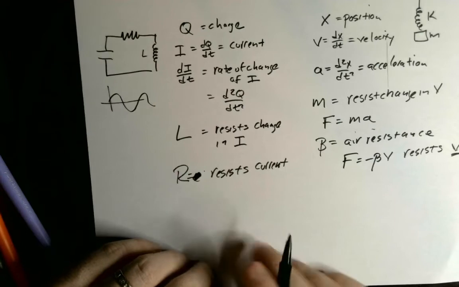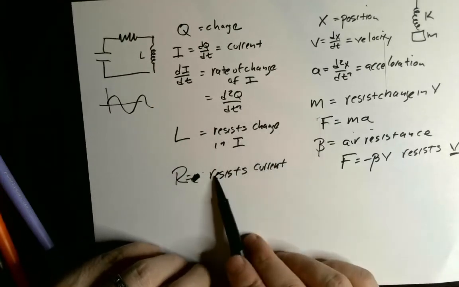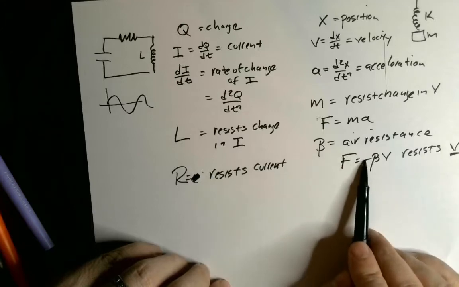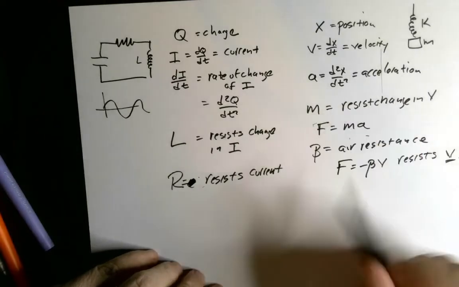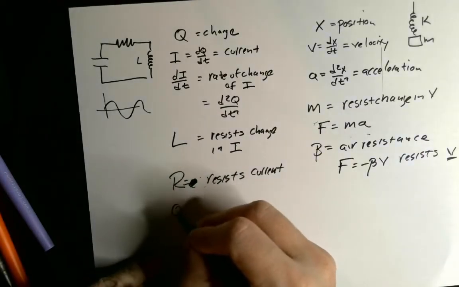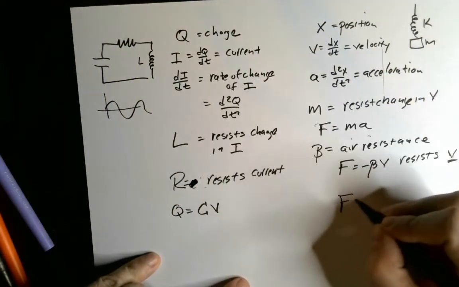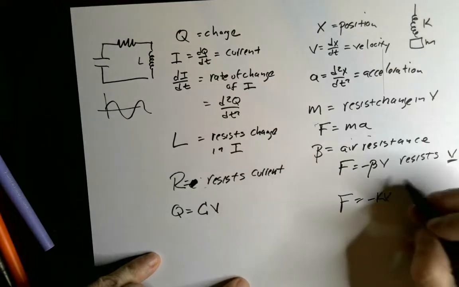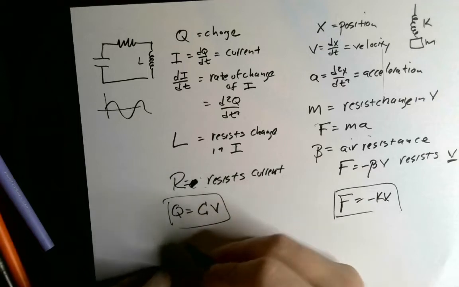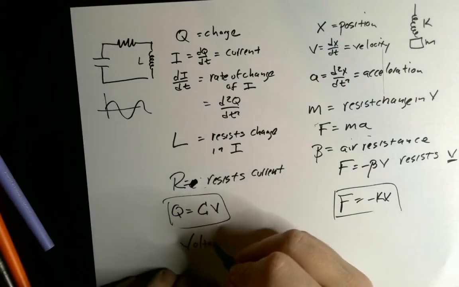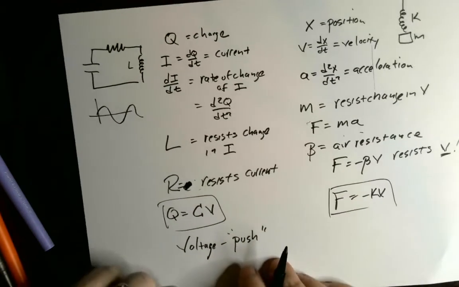So the analog here is that inductance is like mass, resistance is like air resistance, and capacitance is like the spring constant. Q equals CV is analogous to force equals kx. So you can think of voltage as sort of the oomph or the push of either gravity or a spring.